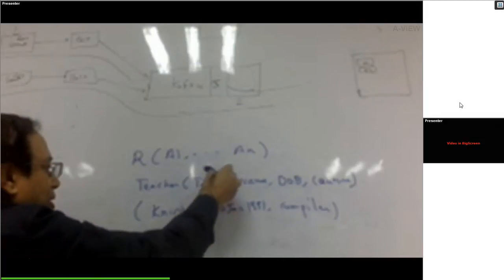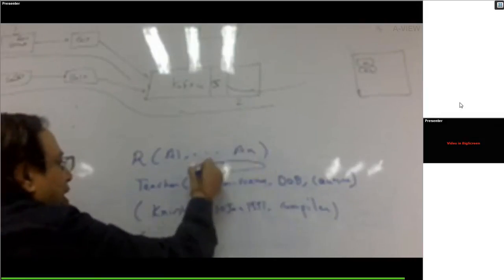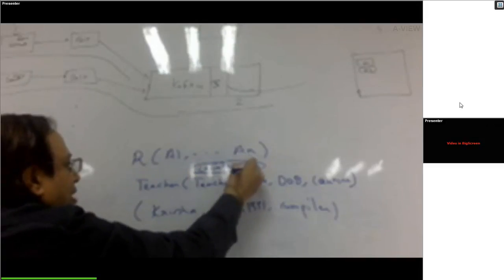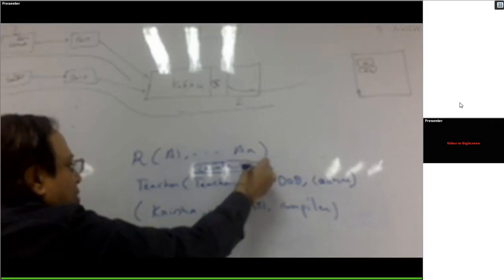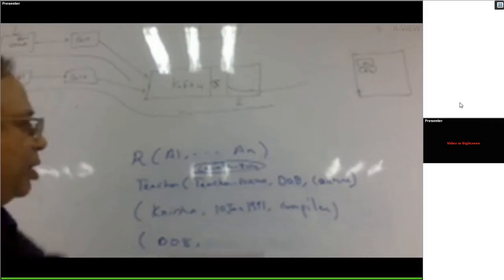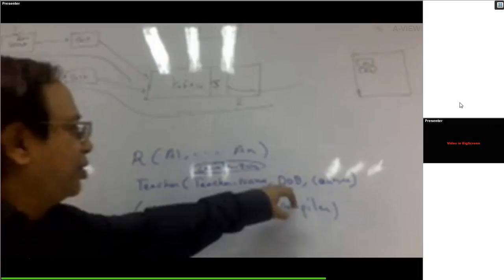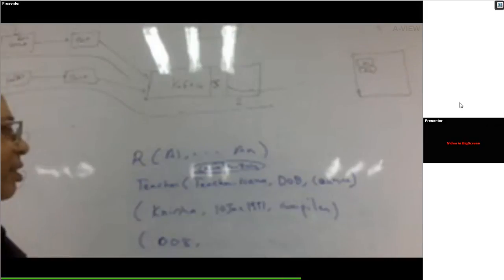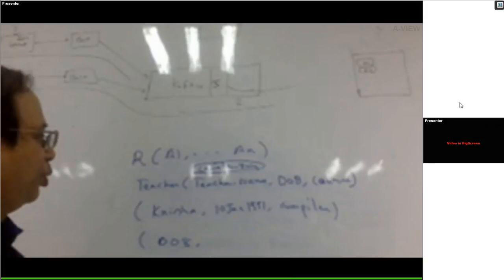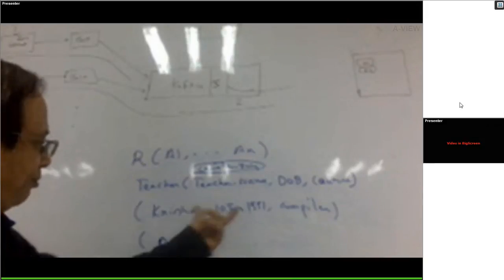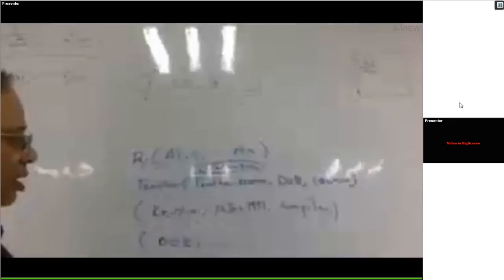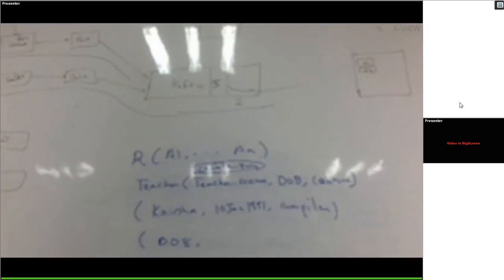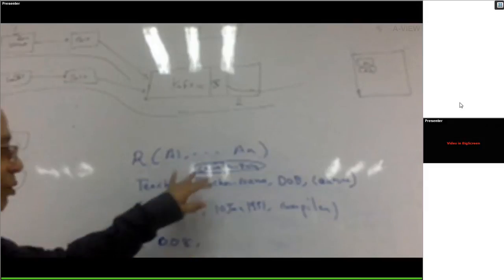That's not allowed because the domain is character string, which means the values it can take are only character strings. Similarly, if date of birth is an alphanumeric value of some length, then only such values will be allowed here. So each of these attributes has a defined domain over which it can take values.